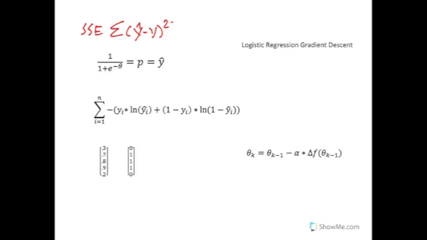Unfortunately, if we use this sigmoid function in place of this y hat, it's not convex. I won't prove that to you, but you can trust me. There's lots of proofs online you can go check out.